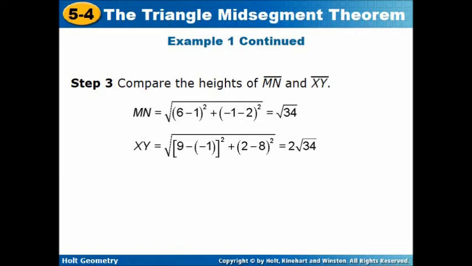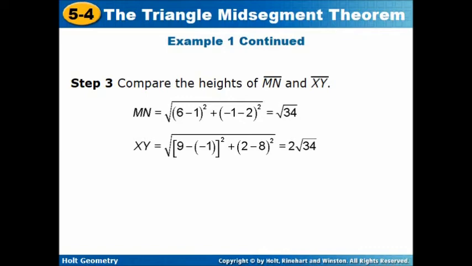And again, when you combine the x coordinates and square them, and you combine the y coordinates and square them, and then add those sums together and take the square root of them and simplify, you get 2 square root of 34. So now think about this a second.